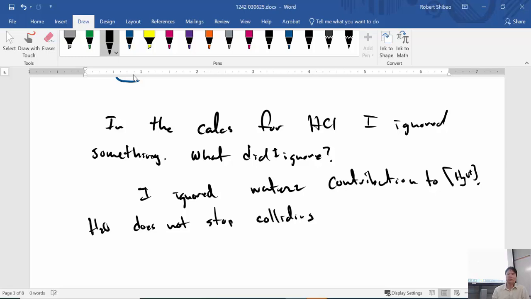Some of those collisions are going to successfully produce. So actually it's even more acidic, right? Because not only do you have the hydronium from the acid, I also have the hydronium from water. So it continues to produce hydronium.